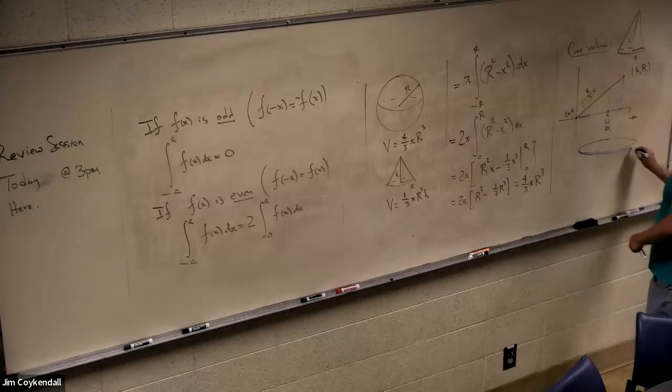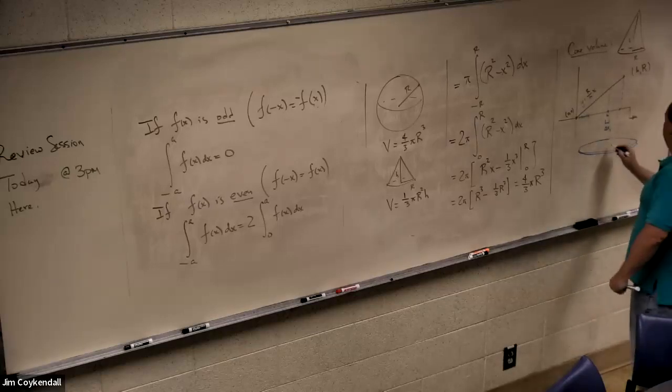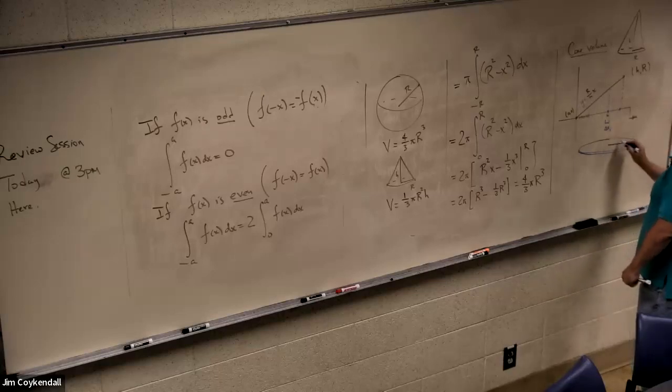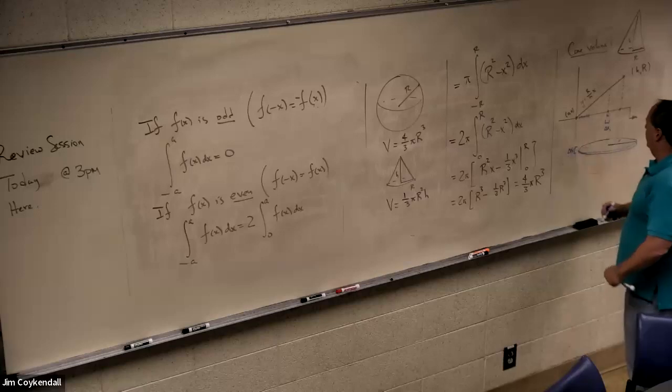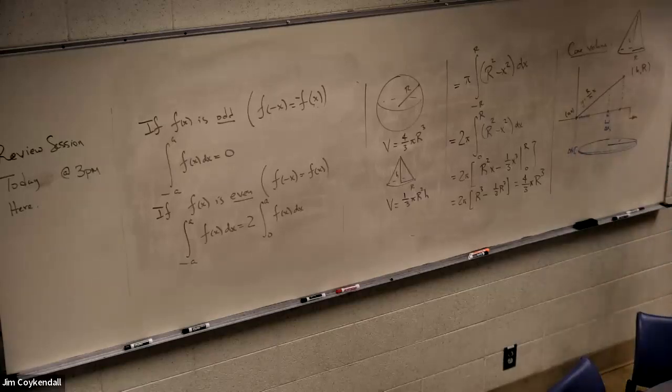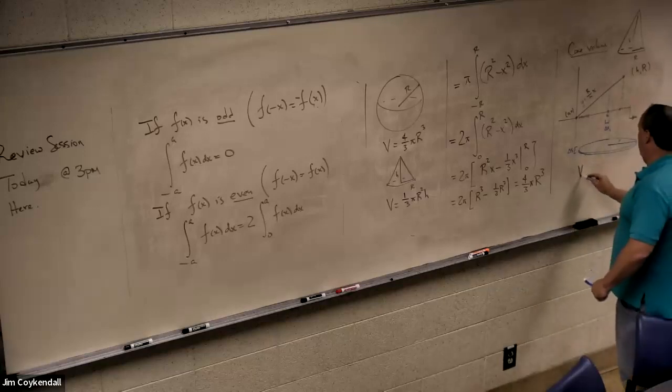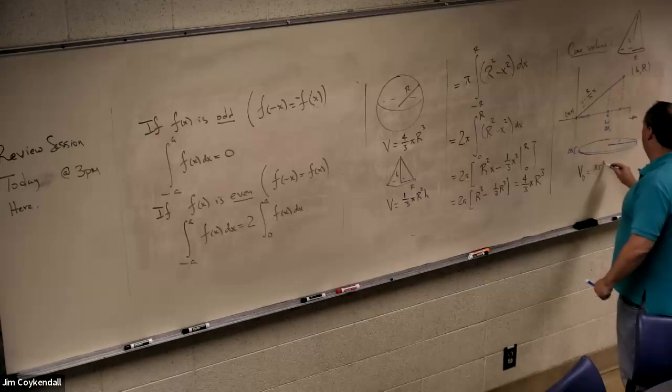I'm exaggerating. It's got some radius, little r, some thickness, change in x. And so the volume of my record is approximately pi r squared delta x sub i.